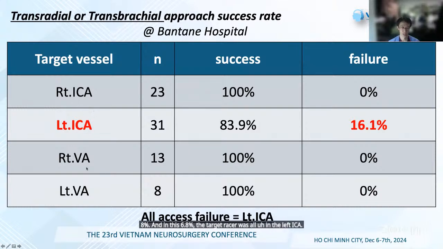For the right ICA and bilateral vertebral artery regions, we successfully inserted the guiding catheter in all cases. So the failures are all in left ICA cases. In the left ICA cases, the failure rate is 16%.